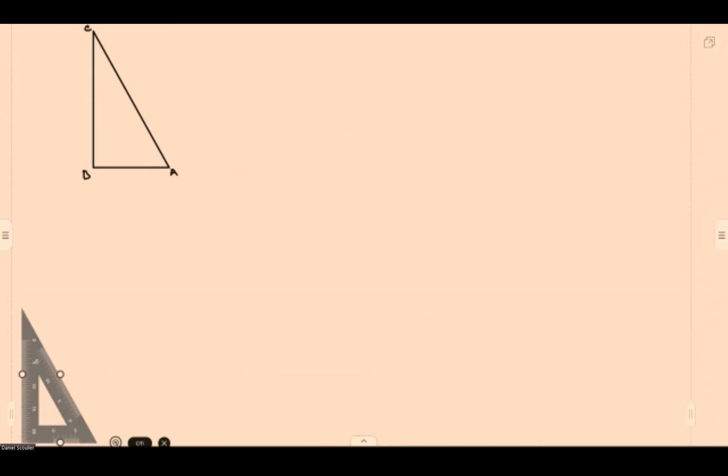It tells you A is due east of B, C is due north of B, and you're given 72 kilometres, 97 kilometres, and 65 kilometres.